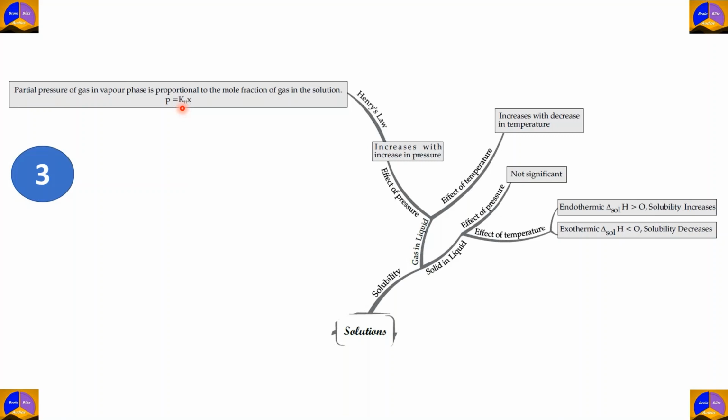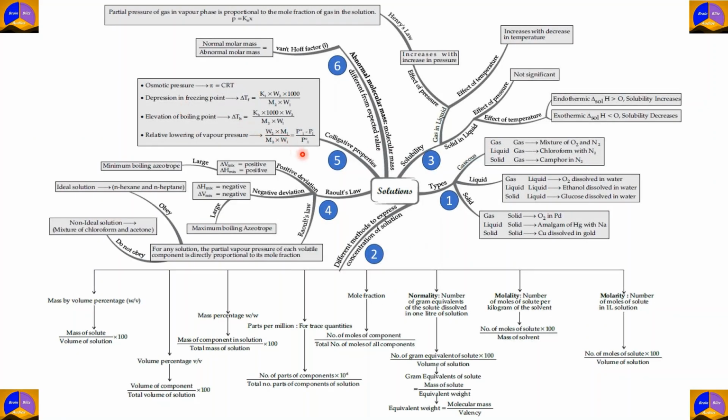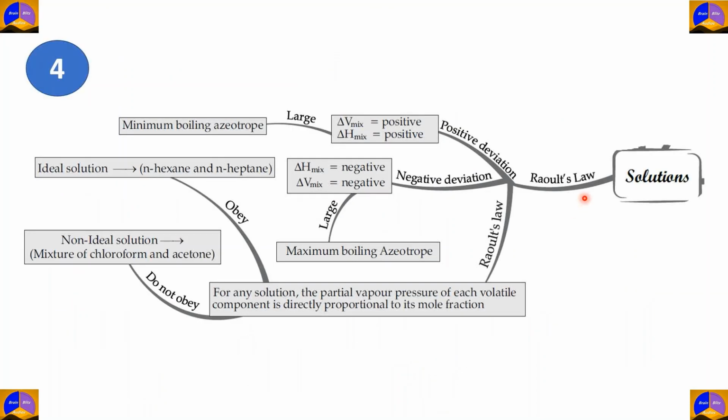Now, let's move on to the next stage, Raoult's Law. Raoult's Law states that for any solution, the partial vapor pressure of each volatile component is directly proportional to its mole fraction.